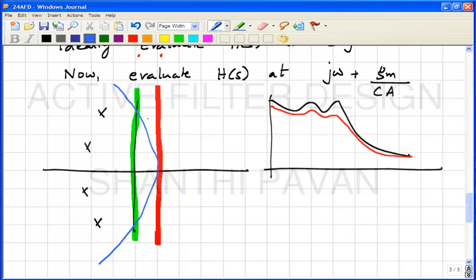Okay, what I mean, the ideal filter response is to be evaluated on the j omega axis. Now if there are both parasitic poles as well as finite gain, we see that you have evaluated on this blue curve, right? This is the j omega axis. This is the origin, right? So this is the j omega axis. This is the sigma, okay.